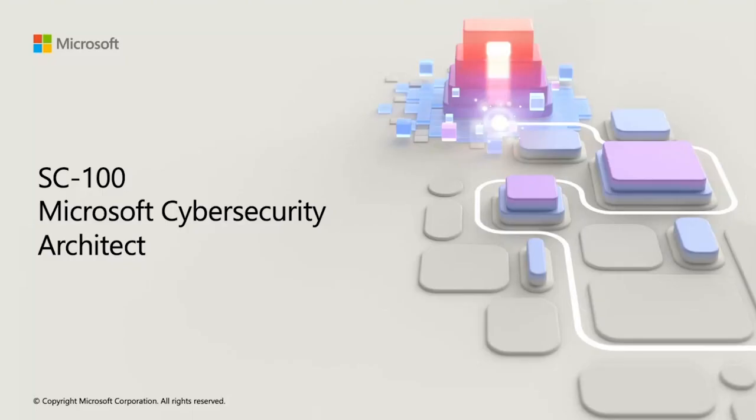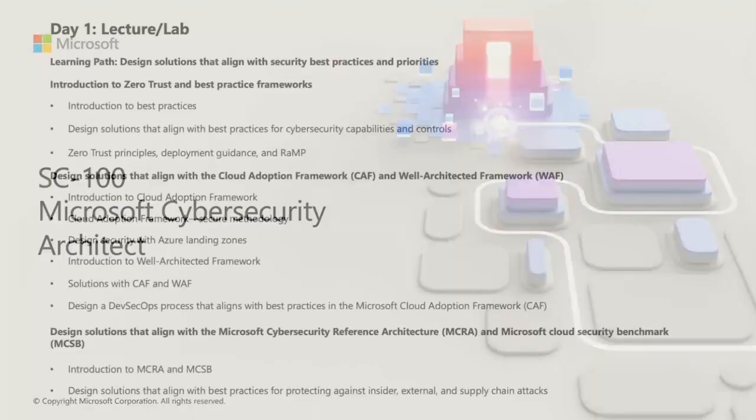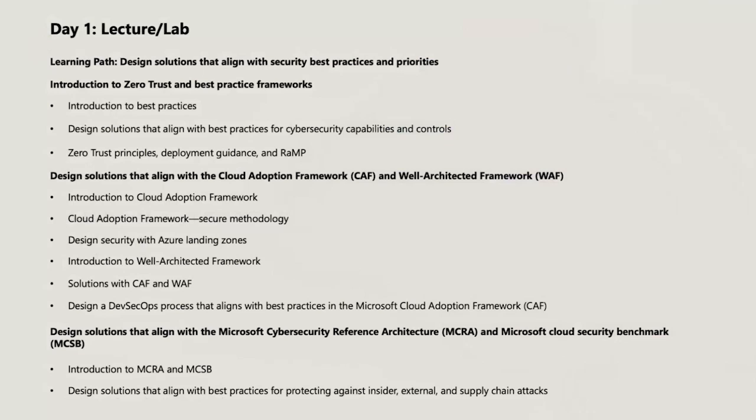So before starting the revision, let's see what we have already completed in the last 4 days, especially seeing the topics. In our day 1 agenda, we were talking about what we have in the Microsoft Zero Trust approach, what kind of deployment consideration we have, and what is RAM, Zero Trust Rapid Modernization Plan.